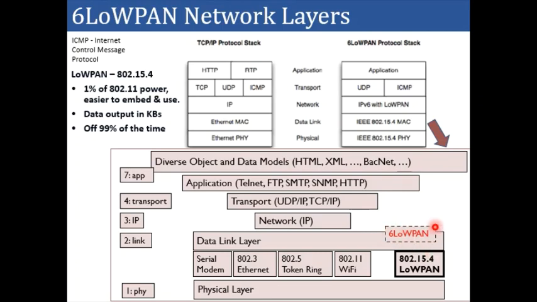So basically 6LoWPAN is the interface layer which connects the 802.15.4 frame to the IP frame.